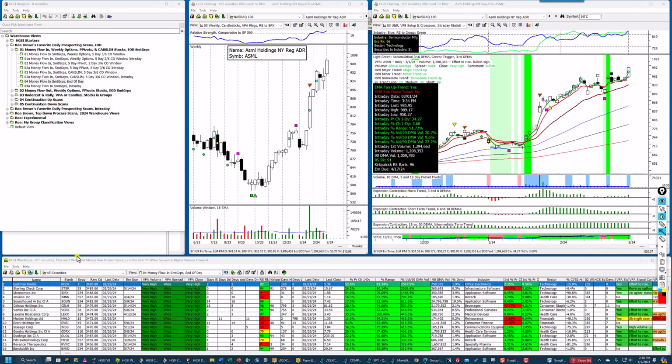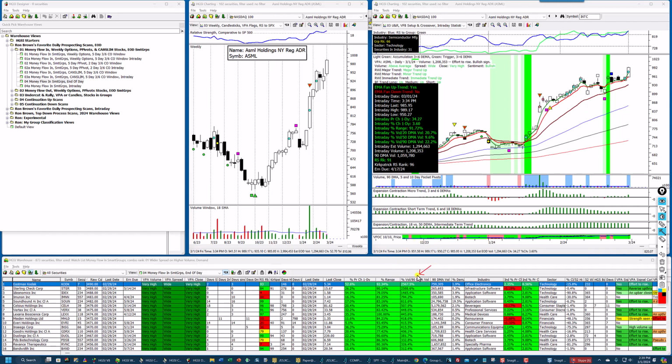and point out that I am currently in the money flow in, end of day, and if you look down here you'll see that there are 873 securities. That is from Thursday's market. Now all of these stocks had to have a daily range of at least 50% or close in the upper portion of their daily range.